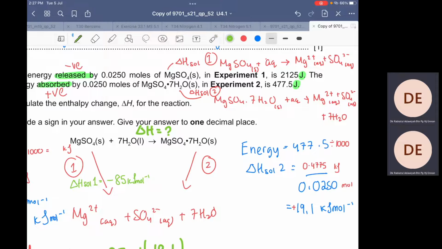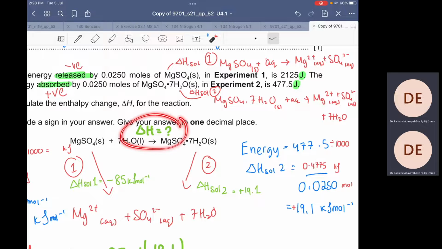So I can label this delta H sol 2, plus 19.1. Now that's a complete Hess cycle. I don't have to worry about the H2O because if I dissolve H2O in H2O, there's no enthalpy change for that, okay? There's no reaction really, you're just mixing the H2O.